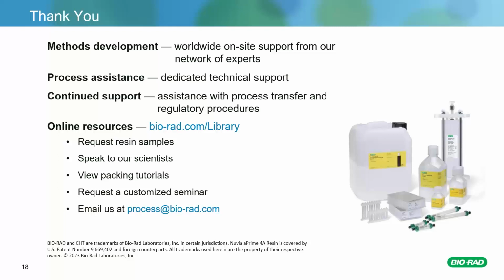So, at the beginning of the process development, the most important thing is to test a broad range of conditions. So, select relevant factors such as pH, conductivity, product loading, and others I mentioned before, based on your prior knowledge and the risk assessment.